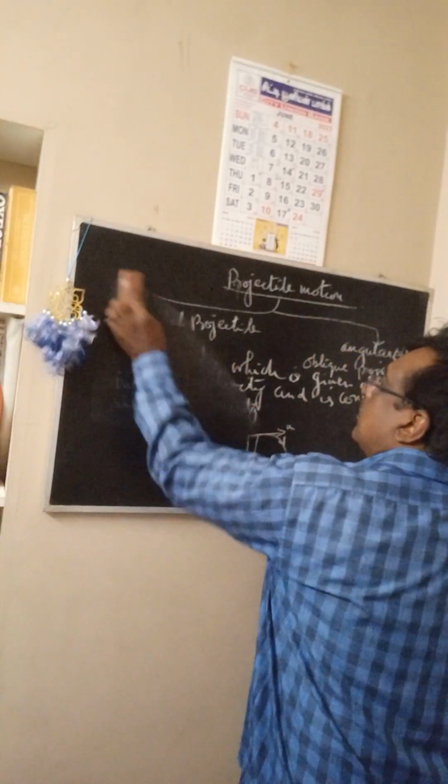Now, after seeing this, we are going to see the path of the projectile. The path of a projectile is called trajectory.